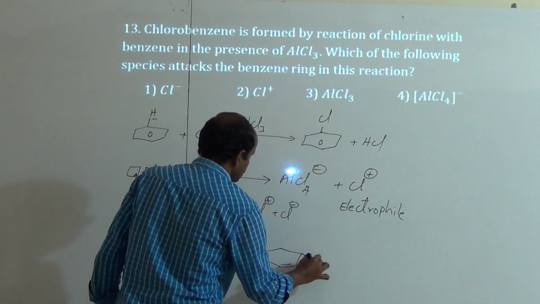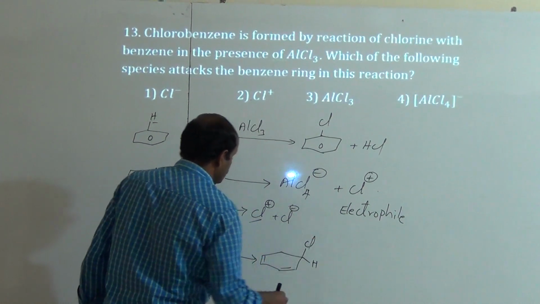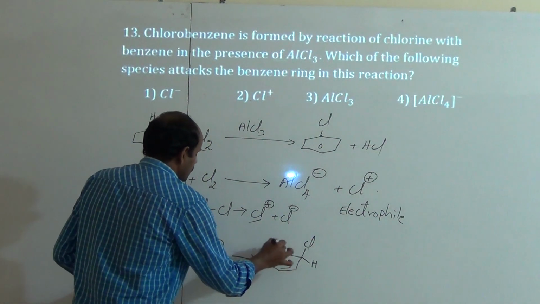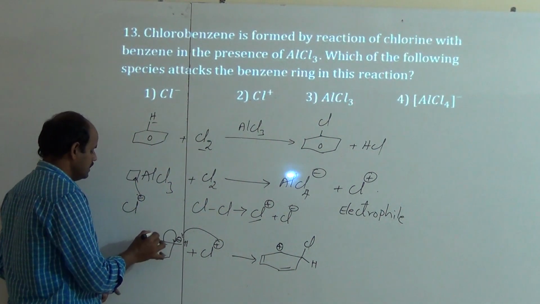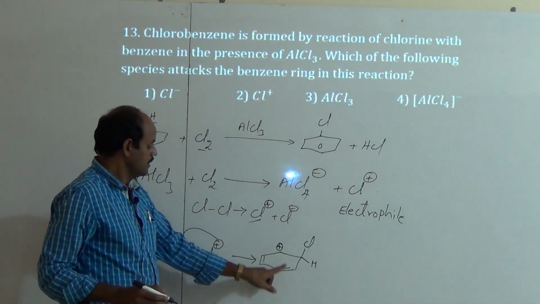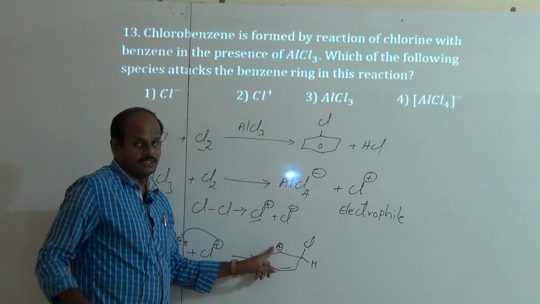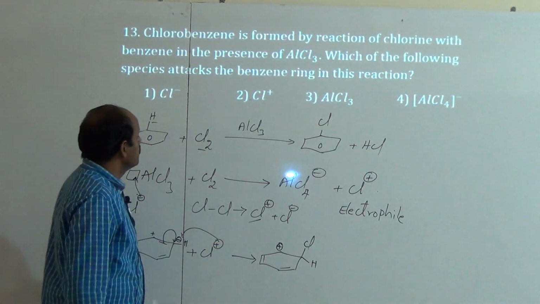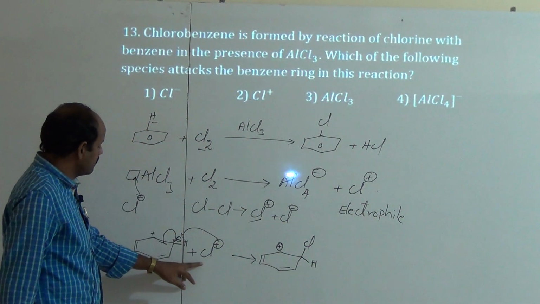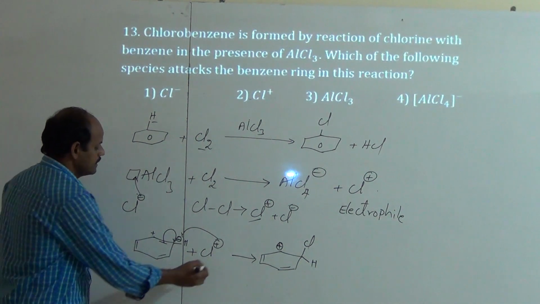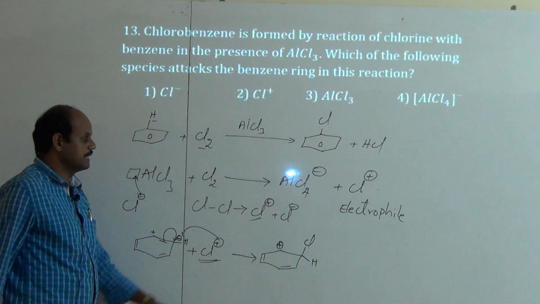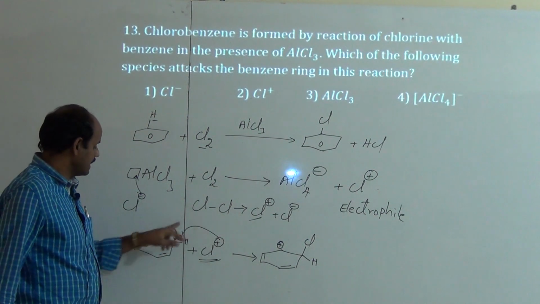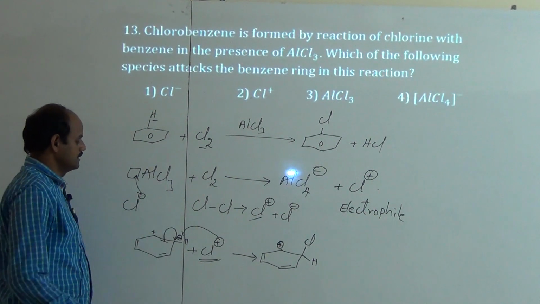Already hydrogen is there on this carbon, here Cl plus can attack, and this carbon lost the electrons, thus this gets a positive charge. Thus we get a carbocation. It can be stabilized by resonance structures. That is next. But they asked which species attacks this benzene nucleus. Here Cl plus. It is an electrophilic substitution reaction. Cl plus electrophile attacks the benzene nucleus.